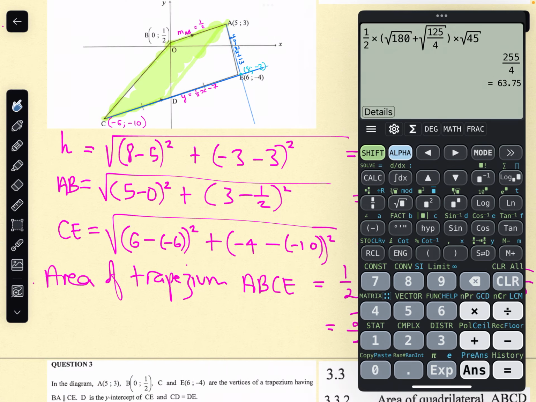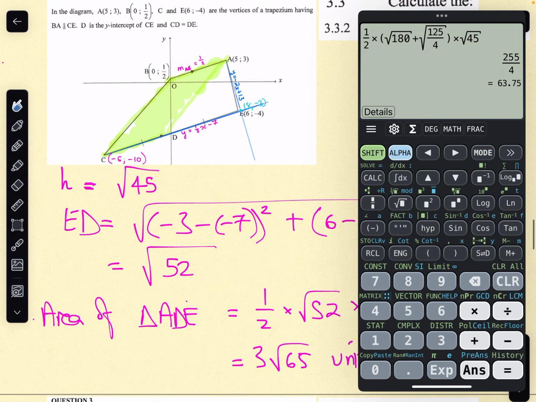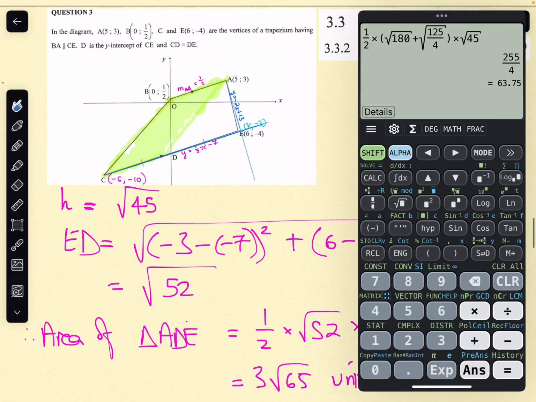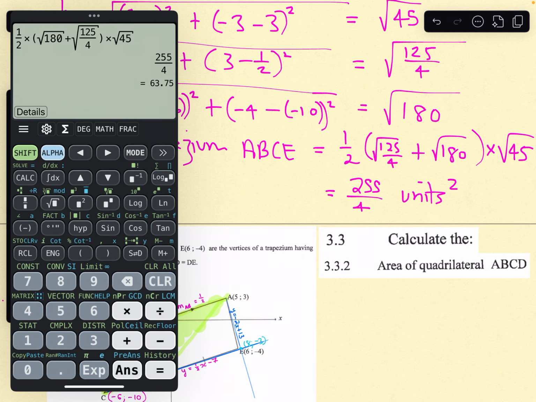Right, so now to work out the area of the triangle, it shares the same perpendicular height, root 45. Was it? Yes, root 45.